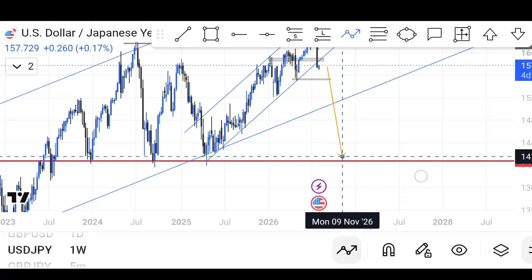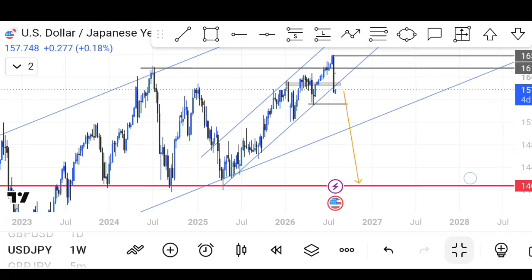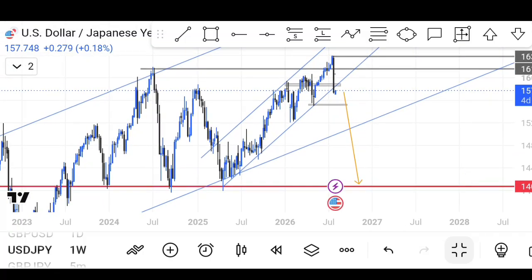They have already started implementing things. Even the United States has sold some of the euro bonds that they have in their portfolio and bought more Japanese bonds, so that the value of the yen is going to increase. If that continues to happen this week, we are going to see a more bearish movement for USDJPY.